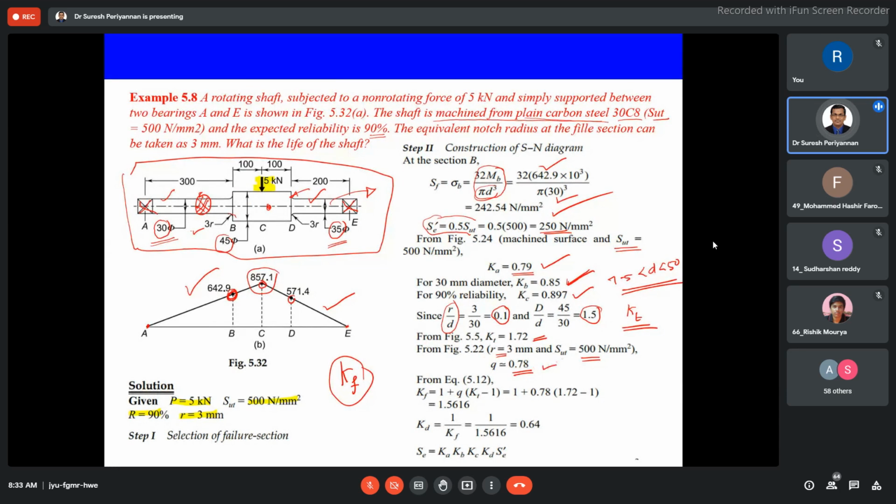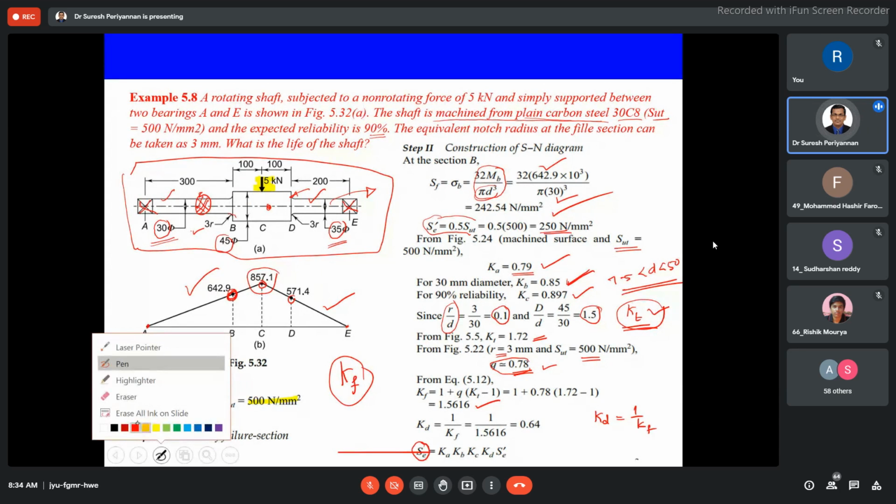We know Kt, we know q value. Then based on this, we are able to find out our Kf value, 1 plus q into Kt minus 1. This is Kf. Now once you know Kf value, we can find out the Kd modifying factor, 1 by Kf. Then finally we are going to find out the actual endurance limit of the component.